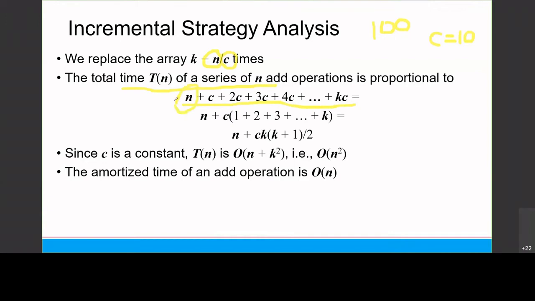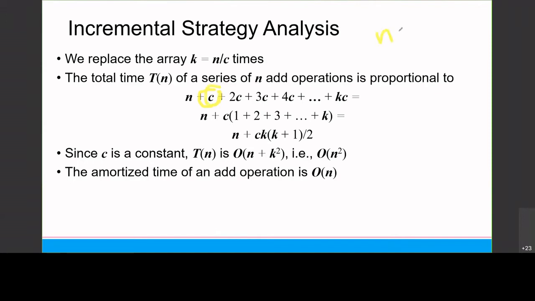For example, we have 200 data. After we have 200 data, I would like to put the constant. The constant means how many data you want to input every time you enlarge the array. So the first is c.